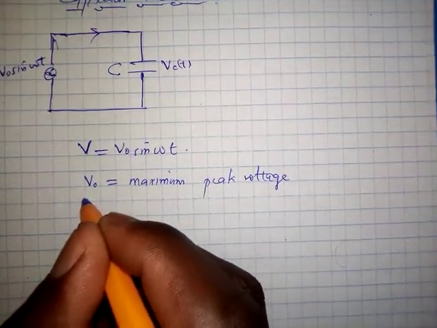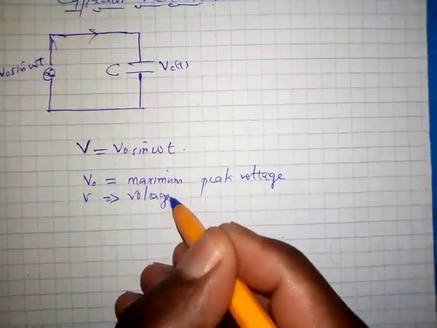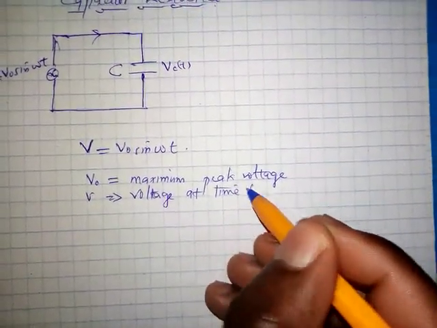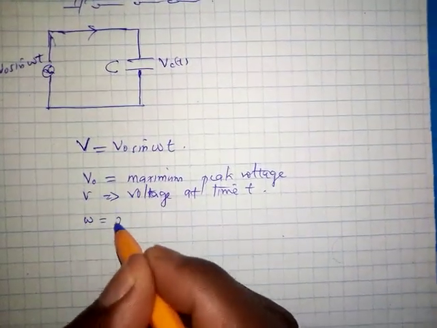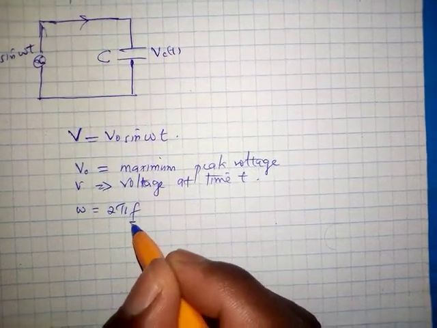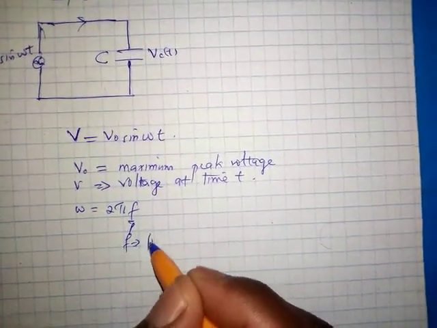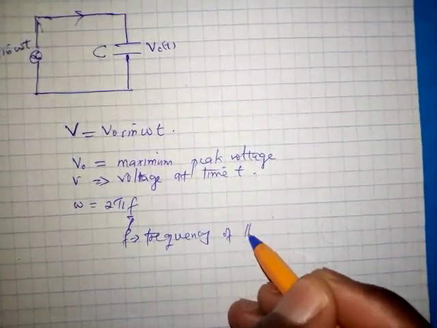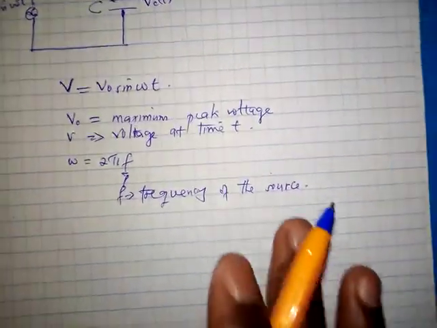Then V itself is the voltage at time t. Omega is given by 2 pi f, where f is the frequency of the source.